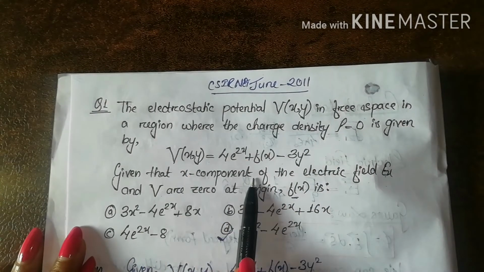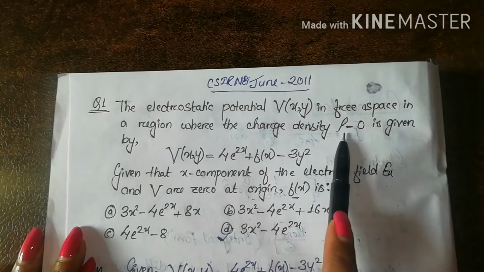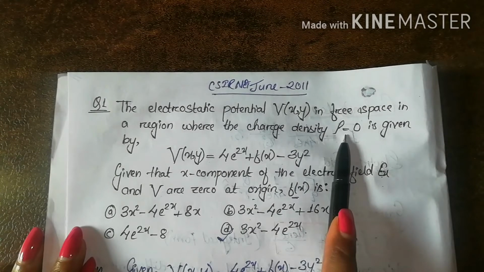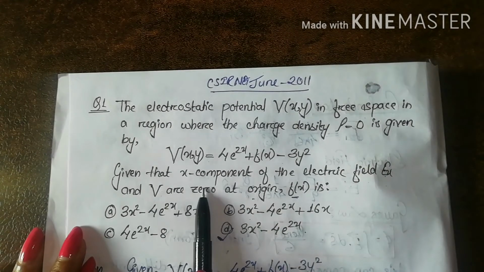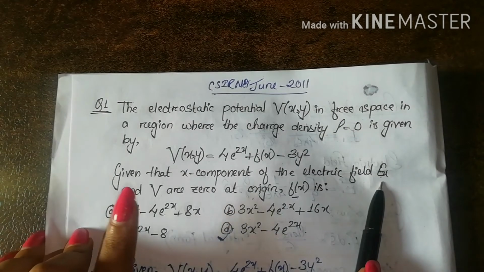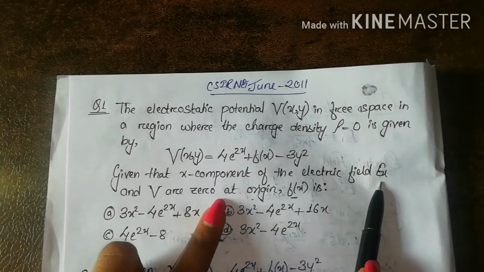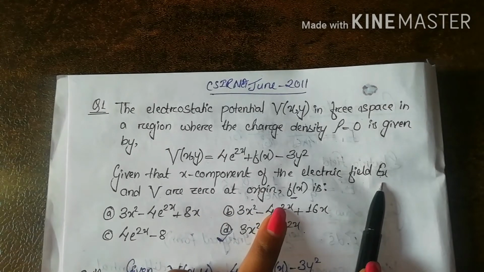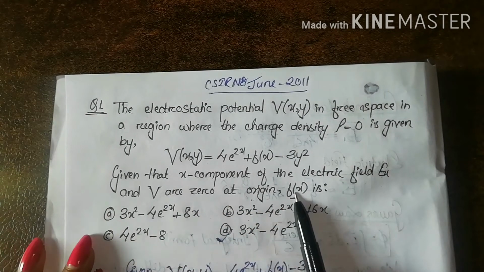This is the potential in free space and the charge density ρ is 0. Also it is given that the x component of the electric field and the potential is 0 at the origin, and we have to find the function f(x).